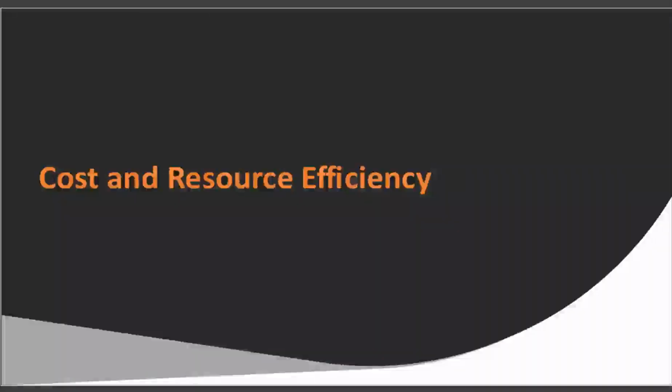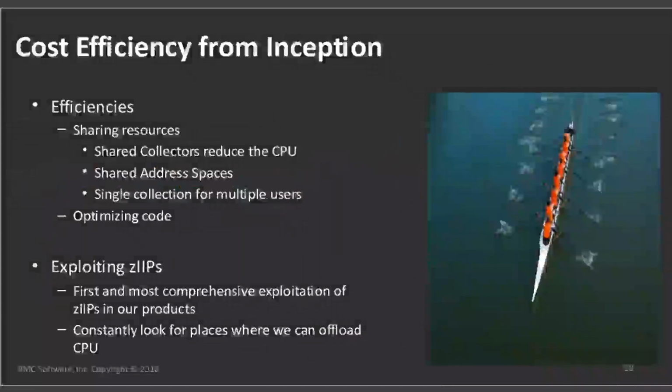I mentioned cost as a major consideration for IT. Mainview has delivered cost efficiency from the beginning, and it's because when you think about monitors, most monitors were designed at a time when we only ran a single image on a mainframe.